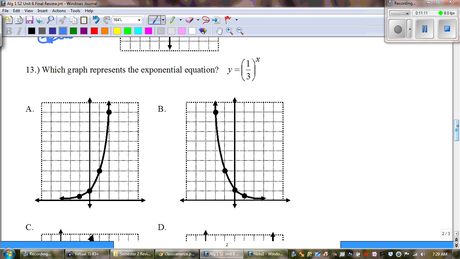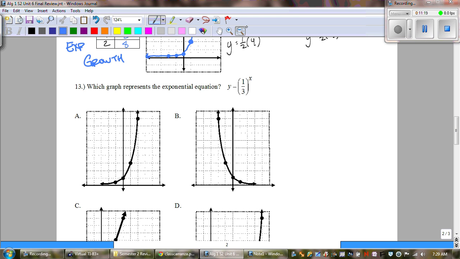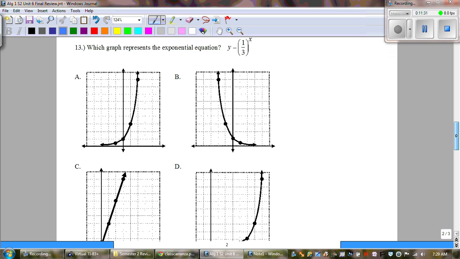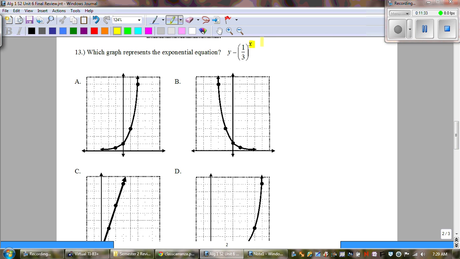All right, 13. Which graph represents the exponential equation y equals (1/3)^x? Now, if you know which one is growth and which one is decay, you can kind of figure this out right away. Okay? Now, we know it's either exponential growth or decay because of the variable at the top.